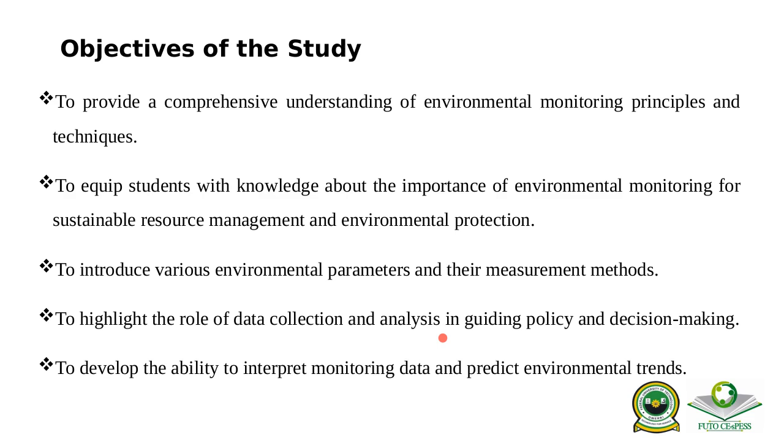Also, to introduce various environmental parameters and their measurement methods. What are these parameters that we measure as indices, indicators of environmental degradation? When you monitor air, what are the indicators?